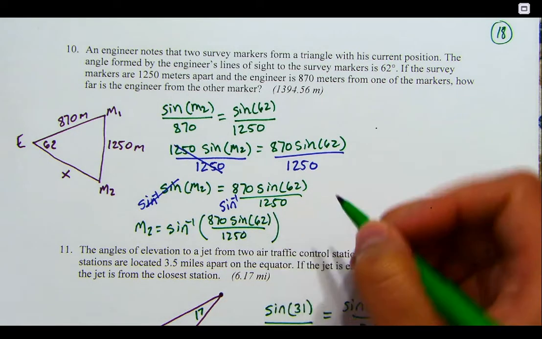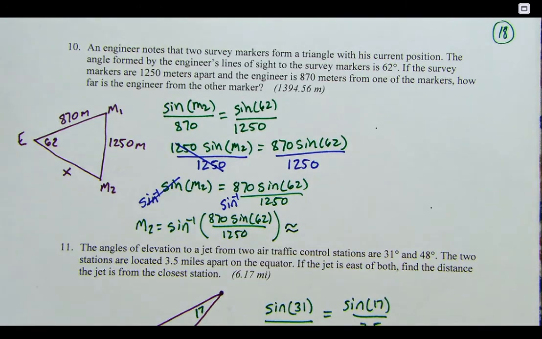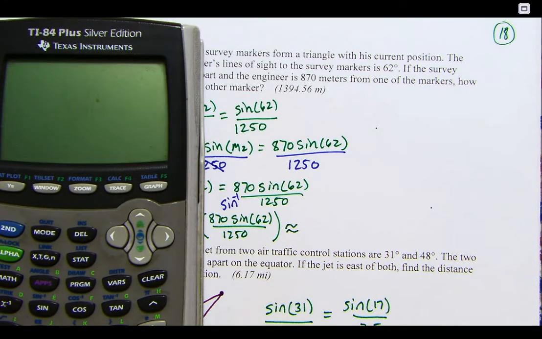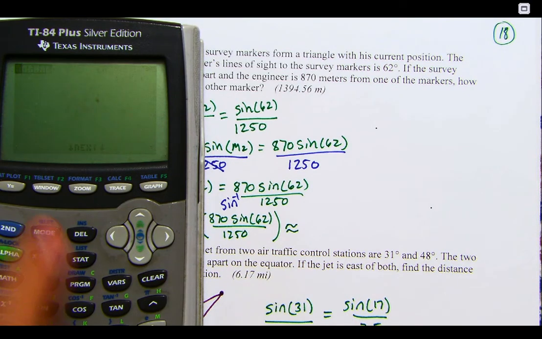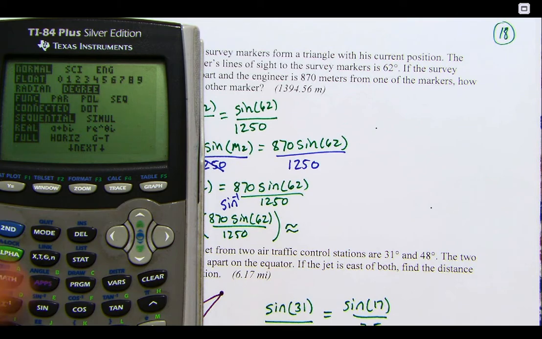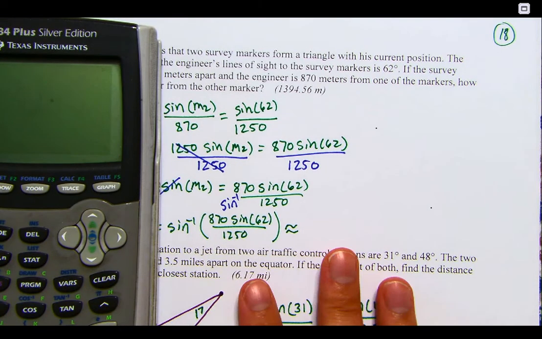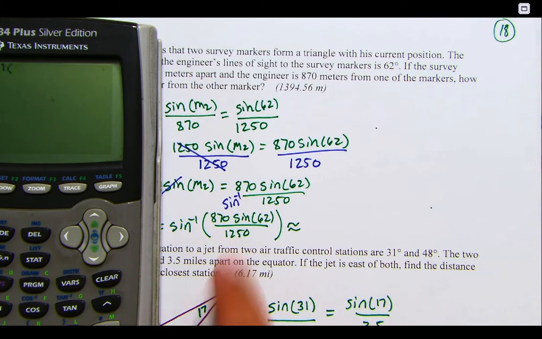Now, again, as we figure this out, we are going to need to round to 4 decimal places because this is an intermediate step, so it's not our final answer. So on our calculator, again, make sure you are in degree mode. And then I'm typing in the inverse of sine first, so second sine, and then the top part, so 870 sine 62.